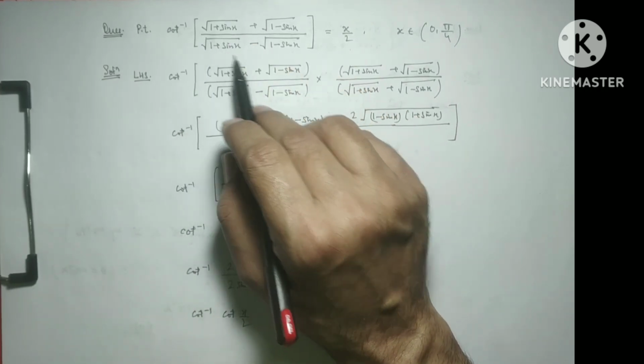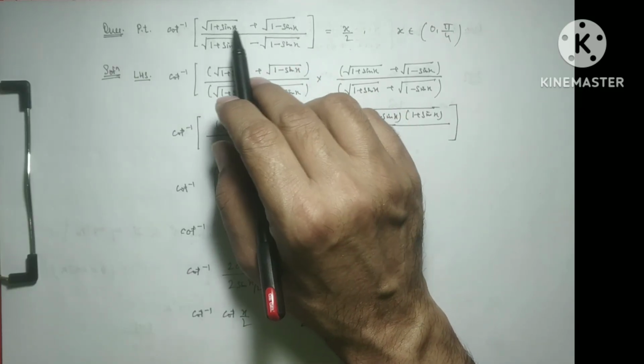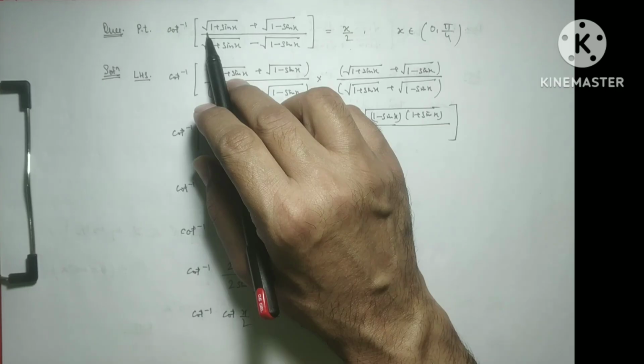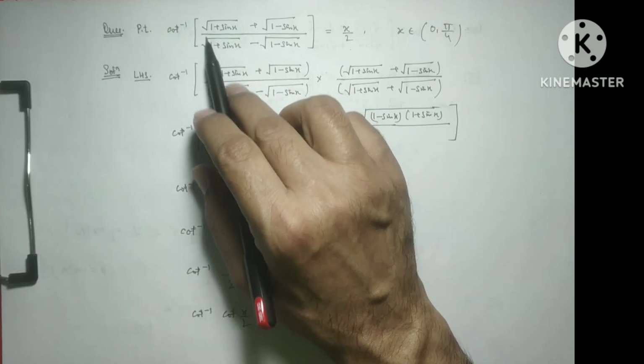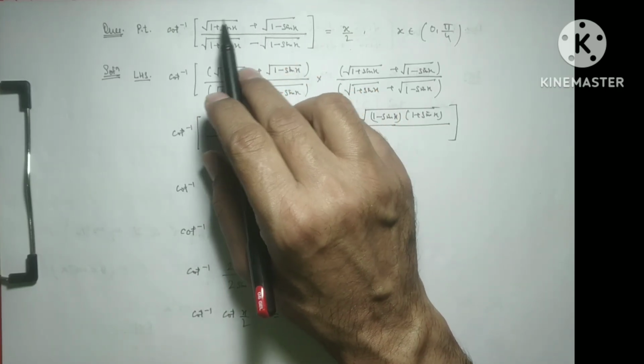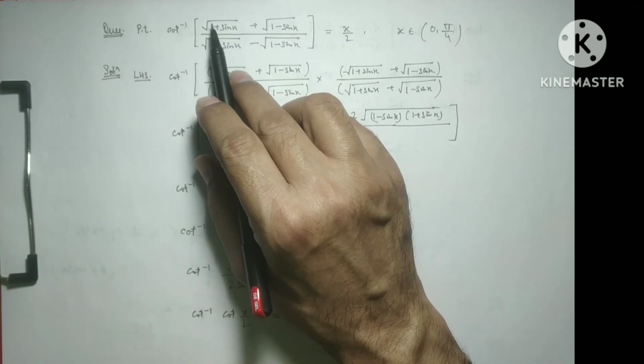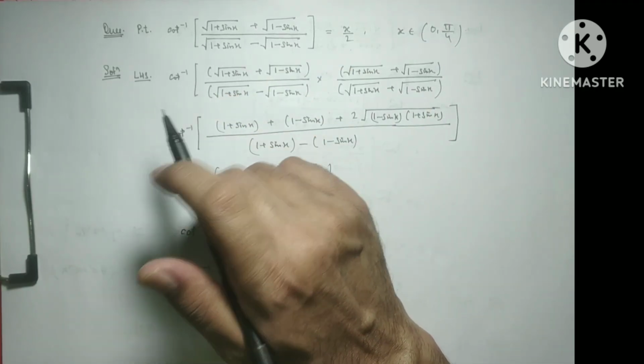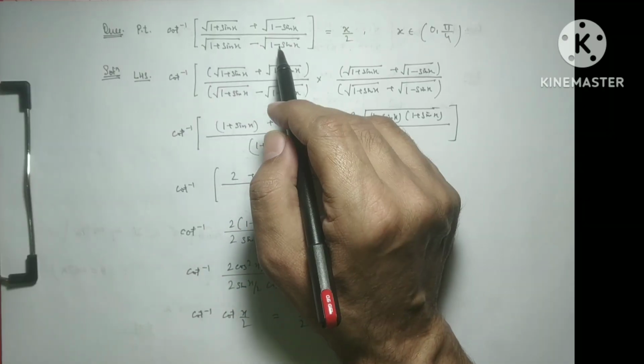If we convert this inner part in terms of cot, then this inverse will be cancelled out, and if we have as a final result cot x by 2, then cot and cot inverse will be cancelled out, and the final result should be x by 2. So we will try to convert it into cot x by 2.